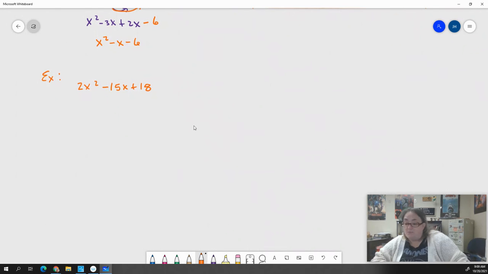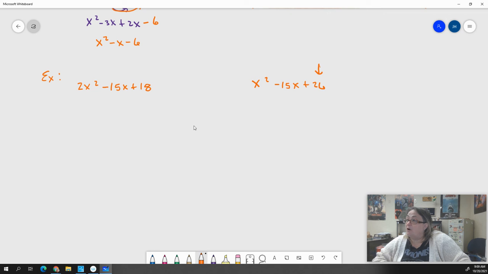Let's look at one without the 2 in front of the x squared, so I can show you what's different about it. Last week when we were doing this, say we had x squared minus 15x plus 26, right? We were taking the factors of 26 that would add up to negative 15.